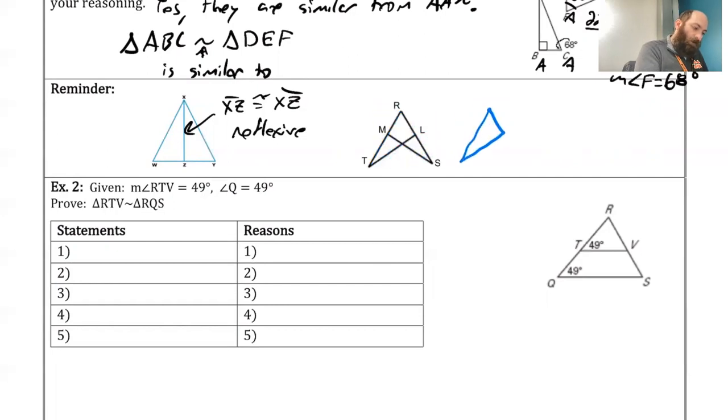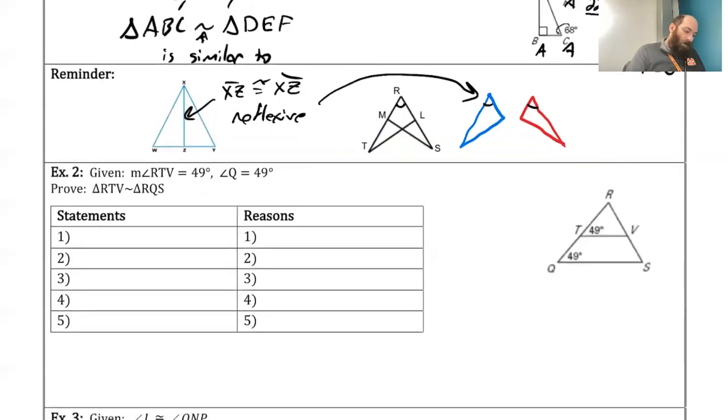Pull that off the side there. And then my red triangle is the other one. The thing about those two is that they share this spot right there. That overlaps. So that means that this angle here and this angle here are reflexive as well. So these are my reflexive angles.